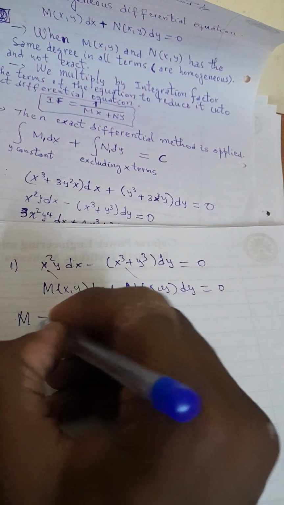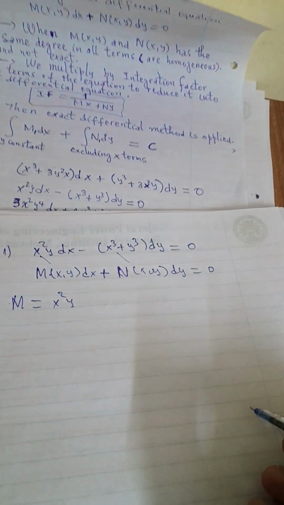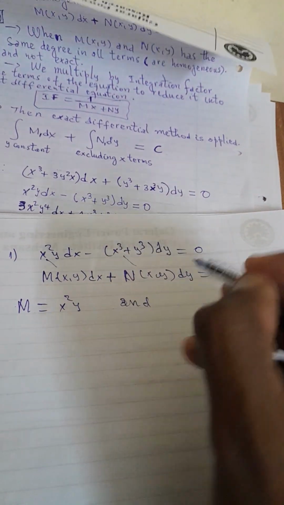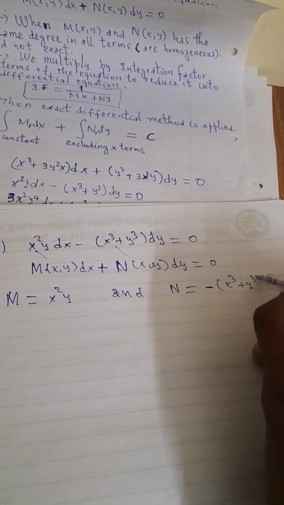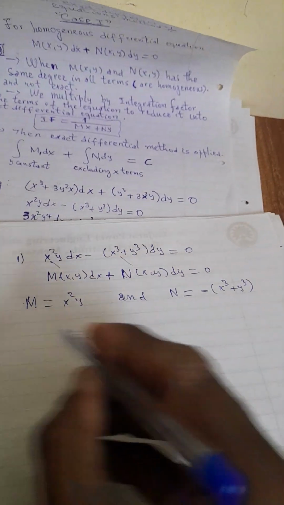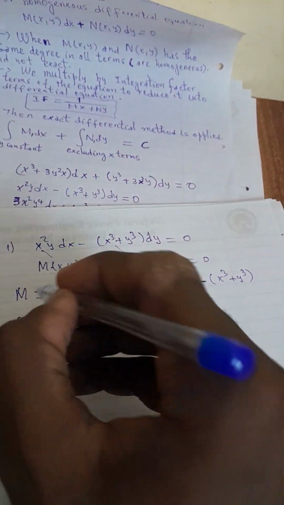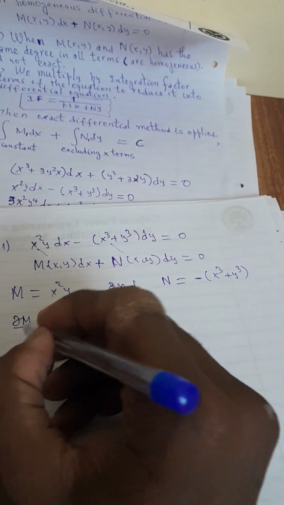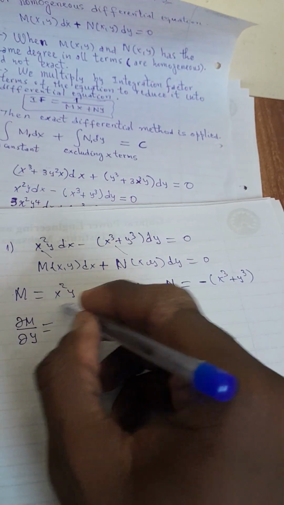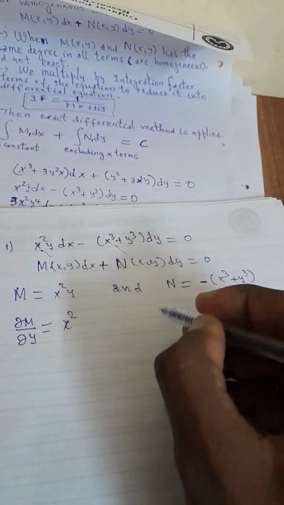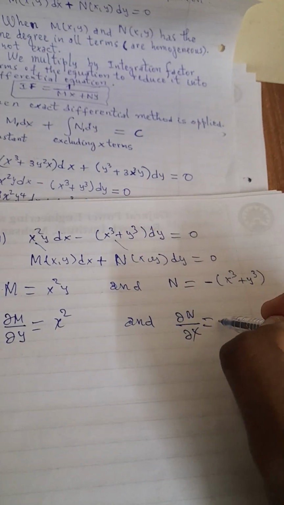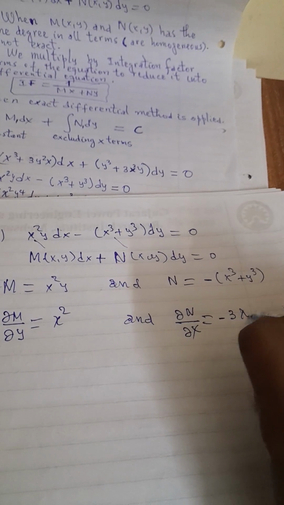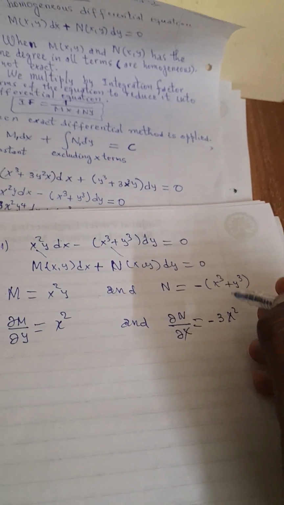So M will be equal to x squared y, and N will be minus x cubed plus y cubed. Now that you have found your M and N, let us see whether this function is exact or not. Del M with respect to y will be x squared, and del N with respect to x will be minus 3x squared, because y is constant.